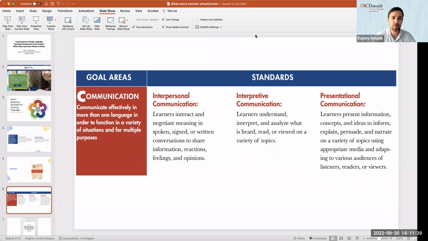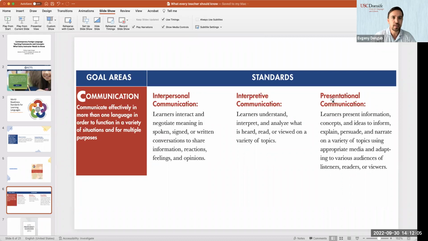Interpersonal communication has to do with interaction, negotiation of meaning, and spoken or written conversation. So it includes all four skills: listening, reading, writing, and speaking. Whenever you have a conversation or text message exchange or email exchange, that is interpersonal communication.